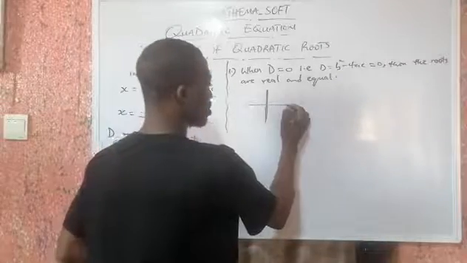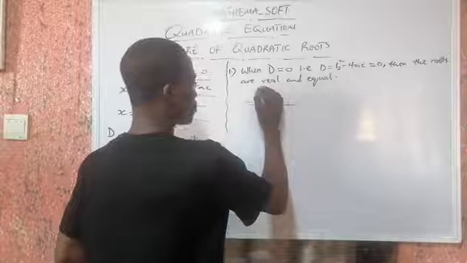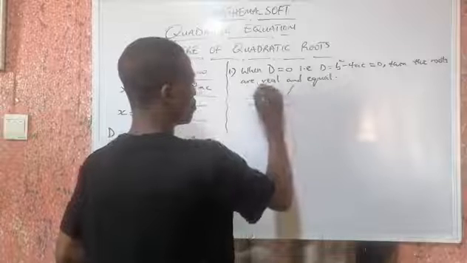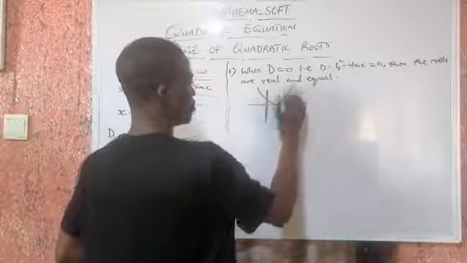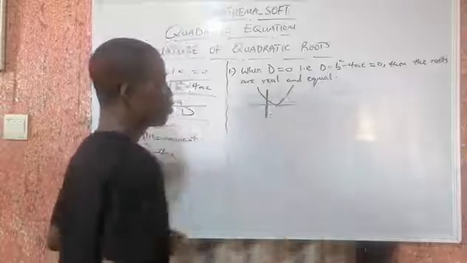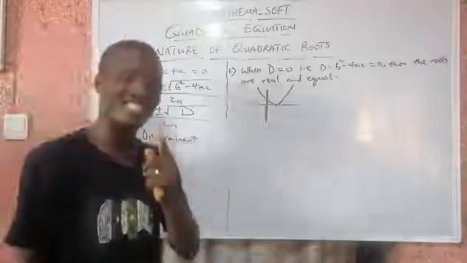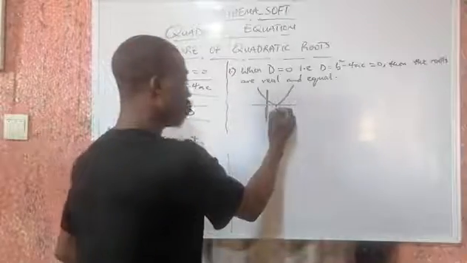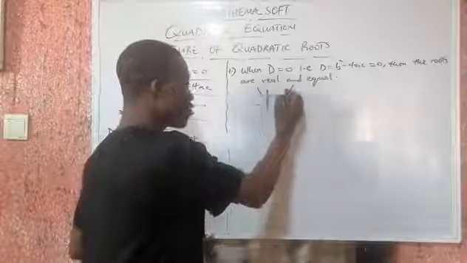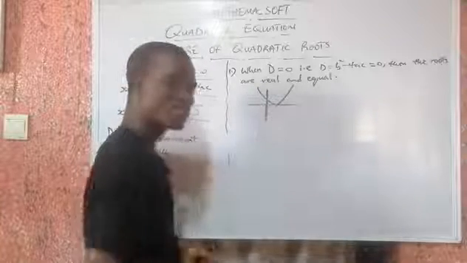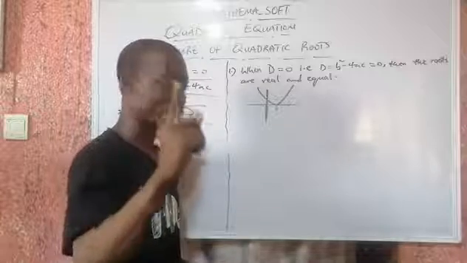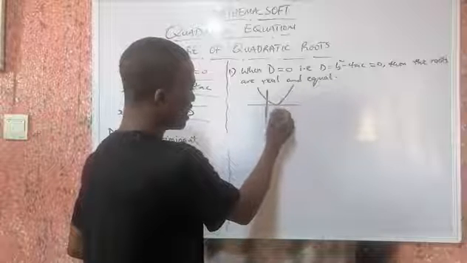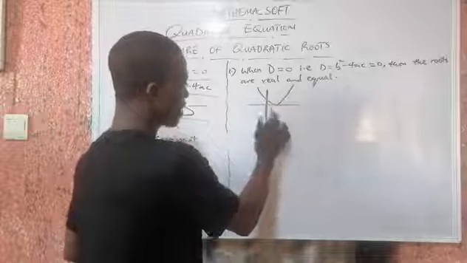We just want to show the way it's going to look on the graph. The curve will only touch the x-axis at just one point because the value is the same. Let's say the value here is 1, or we may not attach any value.